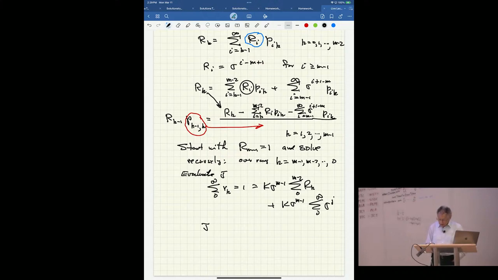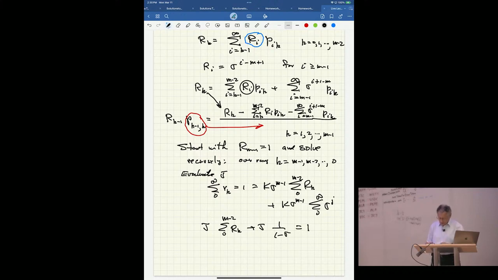I get j times that summation of r sub k, and I'm going to divide the whole thing by sigma to the m minus 1, obviously. This ranges from 0 to m minus 2. Plus j times that summation, which is 1 over 1 minus sigma. All of that equals 1.